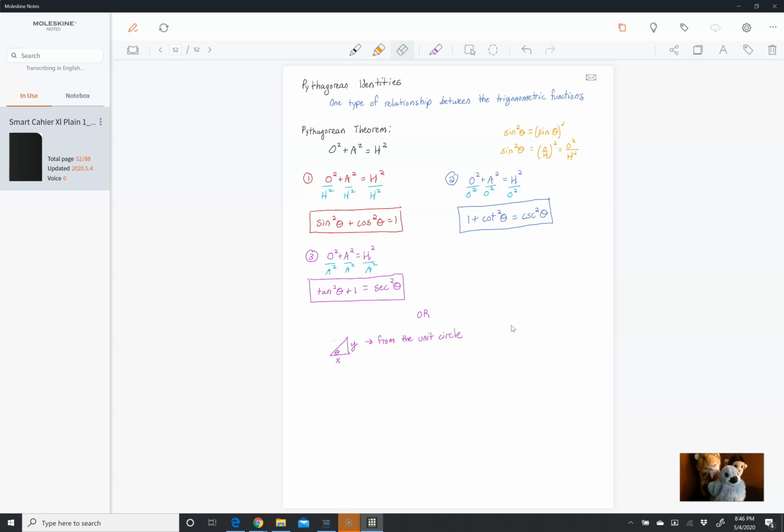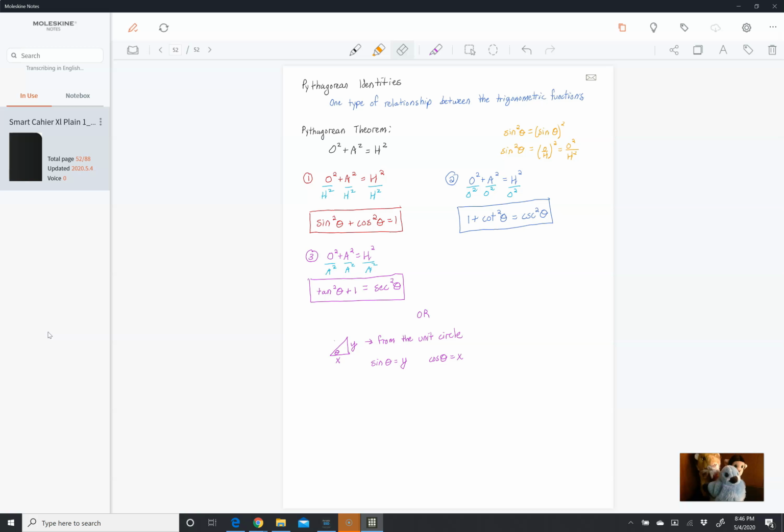Now we also said that the sine of theta is equal to y, and the cosine of theta is equal to x.